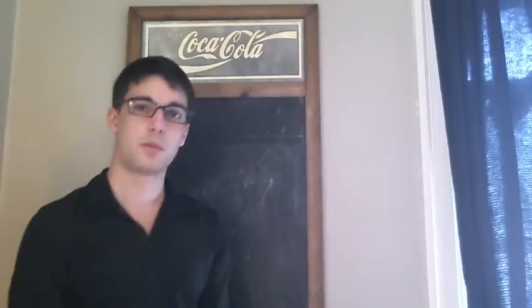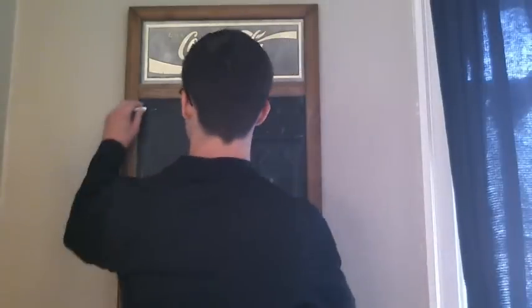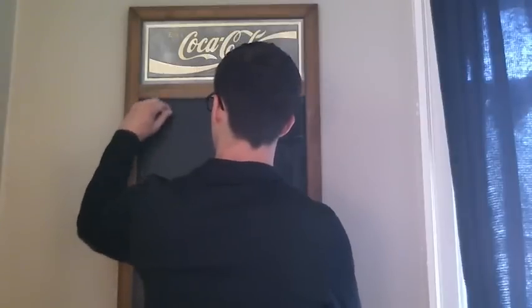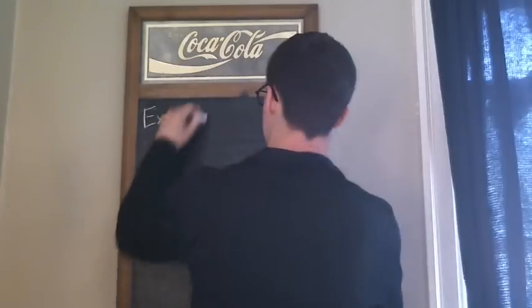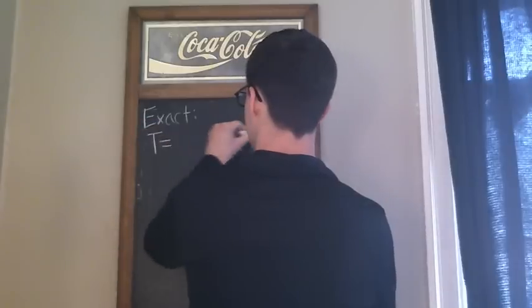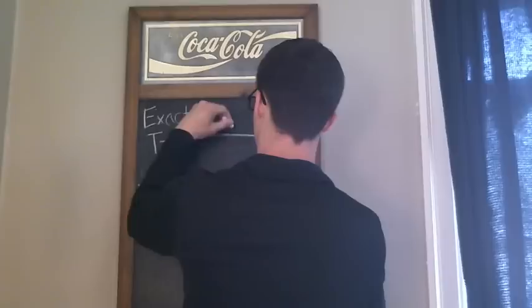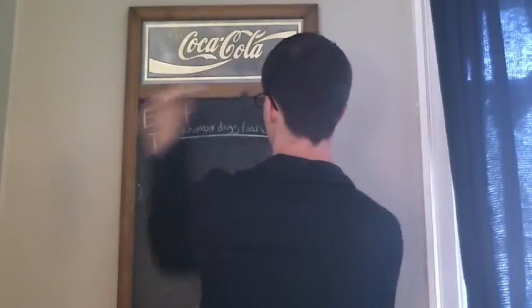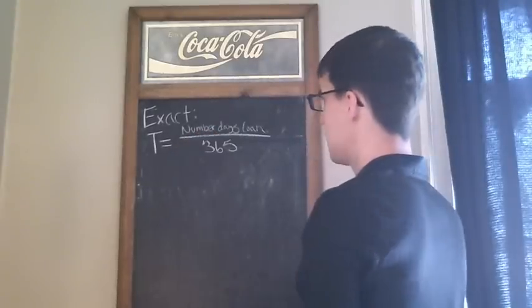So using that formula that we had before, the interest equals principal times rate times time, for the time portion, if it's exact interest, time, or T, equals the number of days of loan over 365, or 365 days in the year.